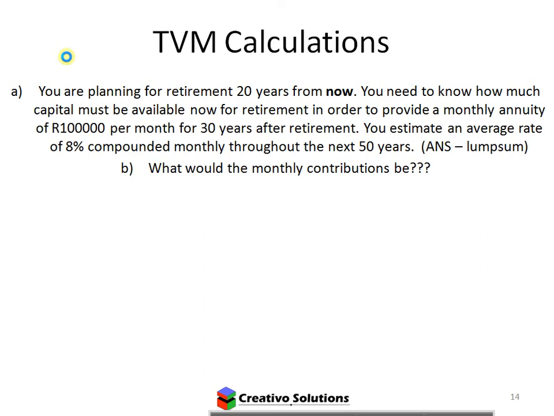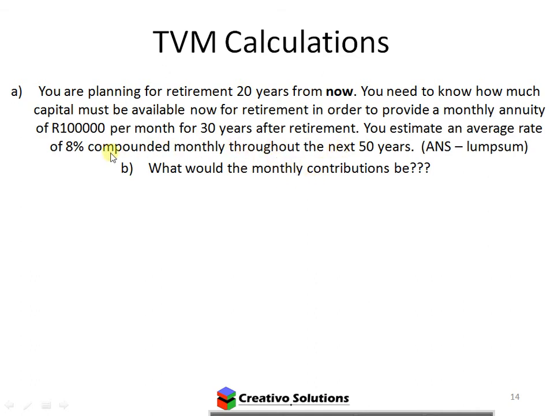Right, so you're planning to retire 20 years from now. You need to know how much capital must be available for retirement in order to provide a monthly annuity of 100,000 per month for the next 30 years after retirement. You estimate an average rate of 8% compounded monthly. So I can get 8% compounded monthly from now up until retirement, and after.